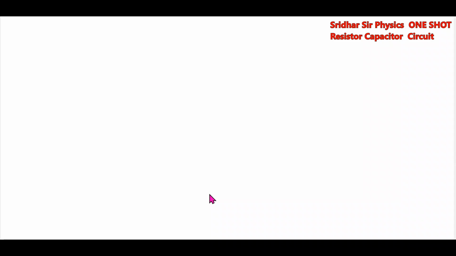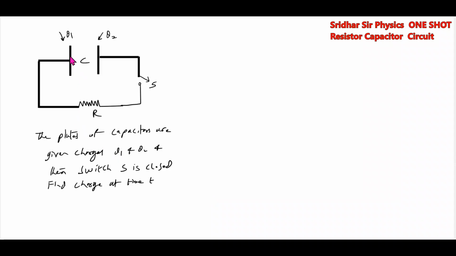Next, one more condition. I have the capacitor, the plates of capacitor given charges Q1 and Q2, and the switch is closed. We have to calculate the charge in the capacitor at any time t. So when you close this switch, after some time, how much charge will be there? The initial, at t equals 0, we will discuss first.